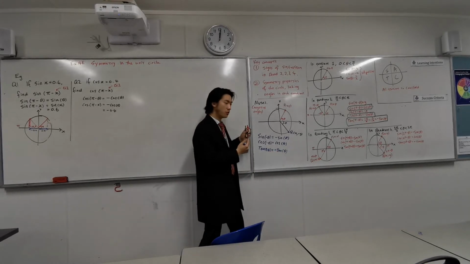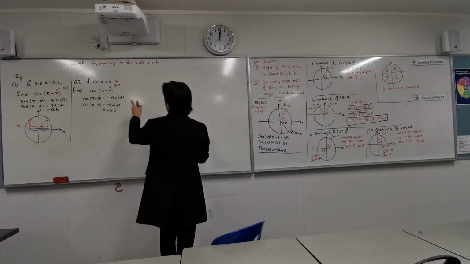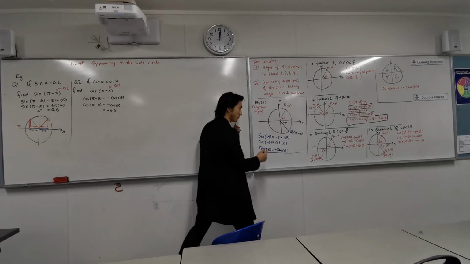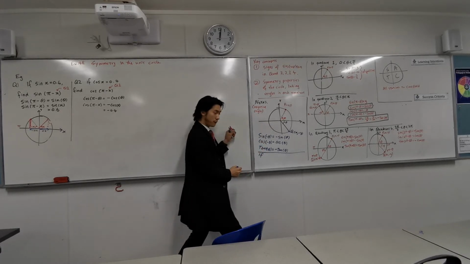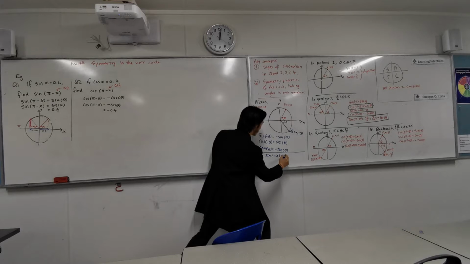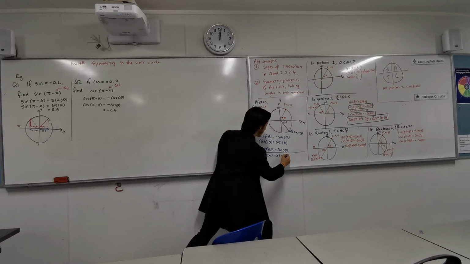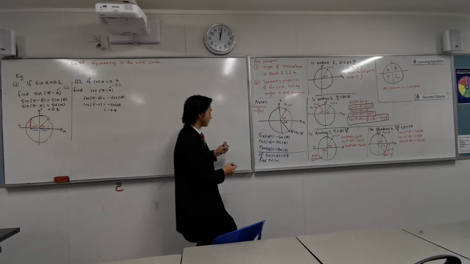Now, here's how you use it. In a similar vein as before, like all the other examples, forget about those birds. If sine of negative x is equal to, let's say, 0.8, find sine of x.